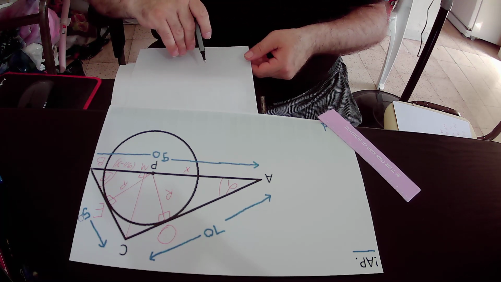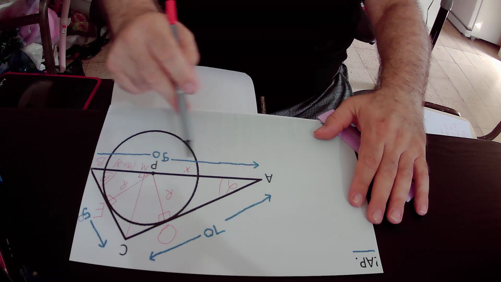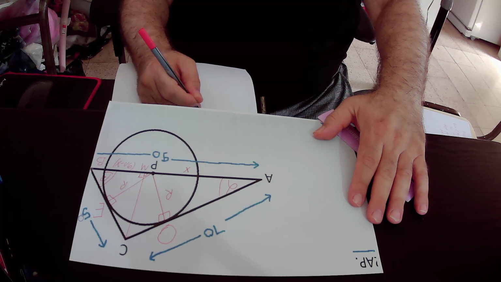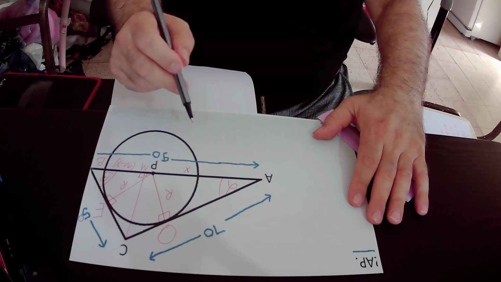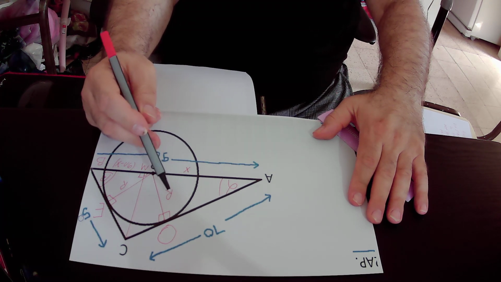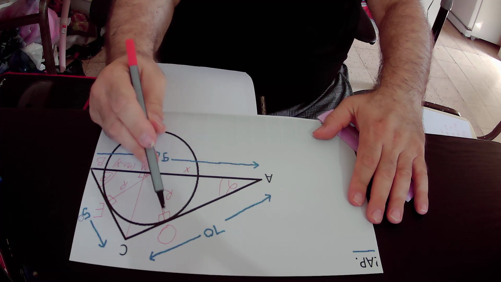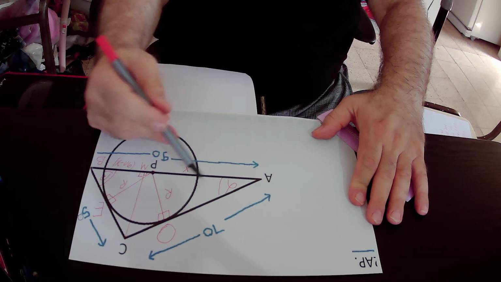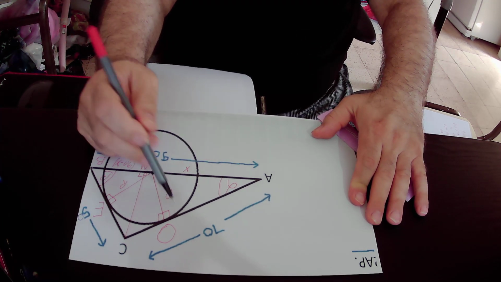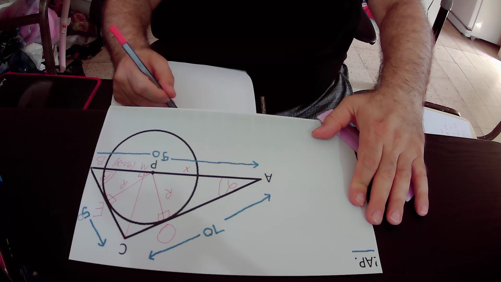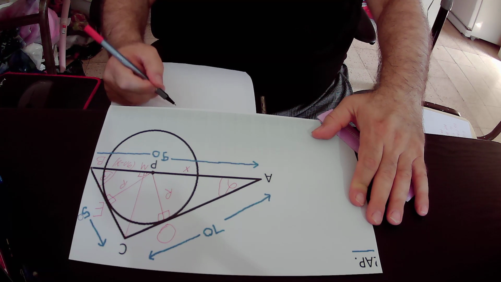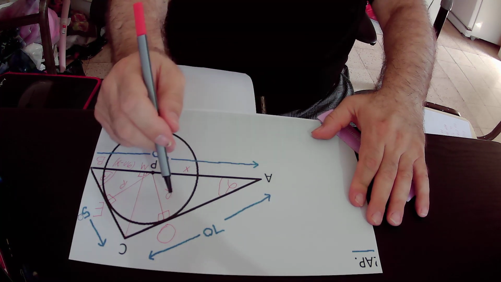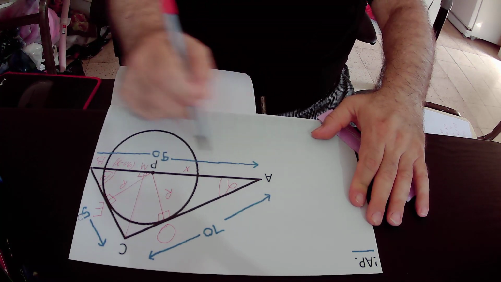Okay, so first of all, in the right triangle AOP, sine alpha equals the ratio between the side that is in front of alpha, which in triangle AOP is side OP, divided by the hypotenuse of triangle AOP, which is actually AP.